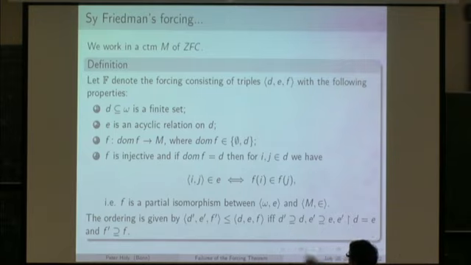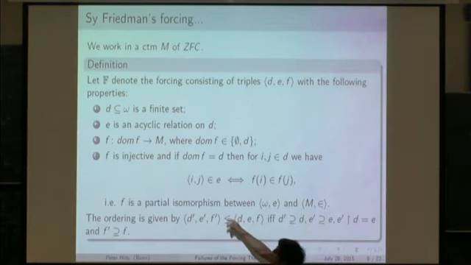If conditions get stronger, the domains D grow, the relations E grow, the relation restricted to the old domain is just the old relation, and the functions grow. The idea of this forcing is that, by an easy density argument, this component f will add a bijection between omega and the ground model, and then these components E will grow into a relation on omega, which is just an isomorphic copy of the epsilon relation of your ground model.